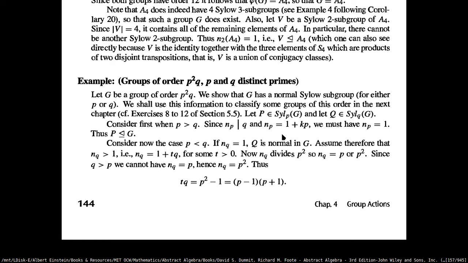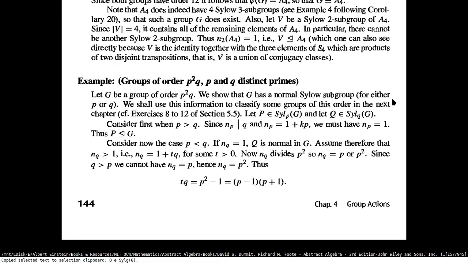Now, on the other hand, what happens if P is less than Q? That's like 12, the previous example. Right, so he assumes that there is one Sylow Q subgroup, and then Q is going to be normal in G because Q is the only Sylow Q subgroup.